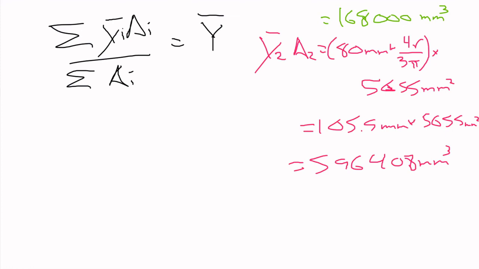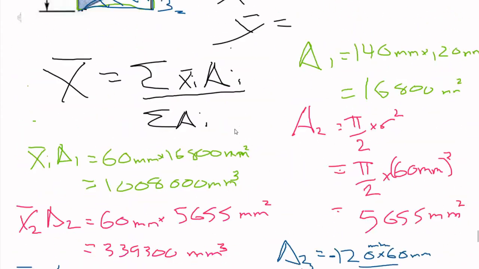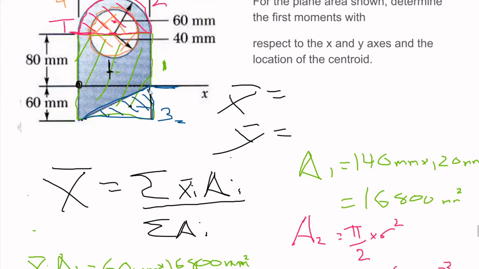Next up, we need to move on to our third section, so we've got our y3 bar A3. Let's have a look here. We have the centroid of this cross section here.